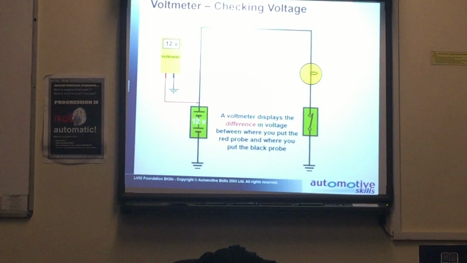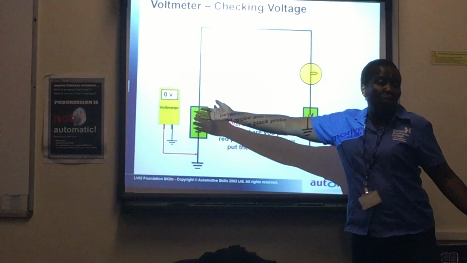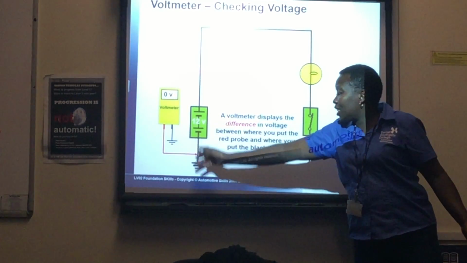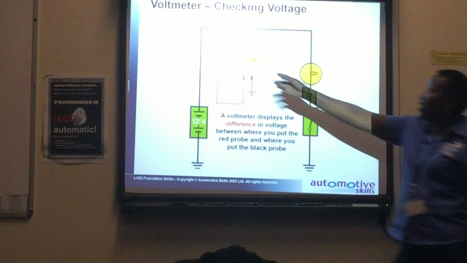So we can play around with this voltmeter along the circuit and measure the amount of pressure we have. We can put it there, we still measure the pressure. Because this is negative, we have no pressure, because this is earthed onto the car body. We can change position, put it before the fuse, we can still measure the pressure.